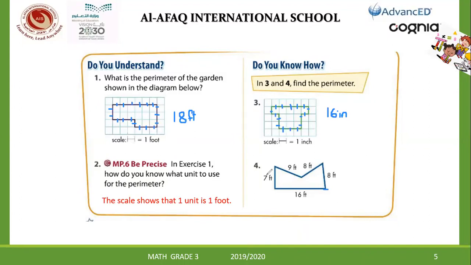Number 4, to find the perimeter of this shape without a grid, we are going to add all the side lengths. So we have to add 8 plus 8 plus 16 plus 7 plus 9.